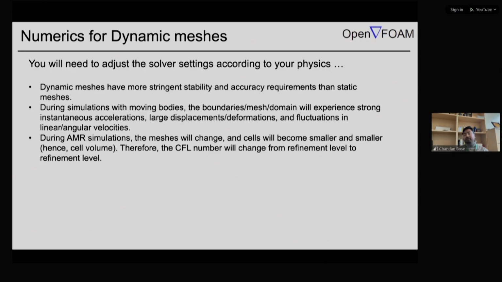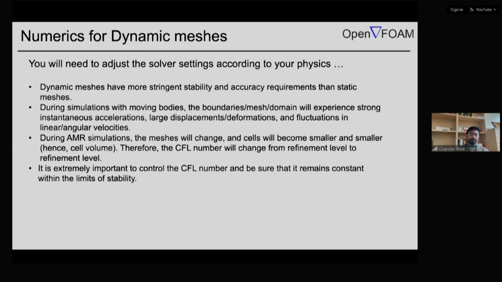Therefore, if you have gone through any basic CFD course, you know that the stability criterion named CFL number, or basically it is also called the Courant number, will change from refinement level to refinement level. So instead of a fixed time step or a fixed CFL number, we have to include an adaptive time stepping or adaptive CFL number to get a converged solution.